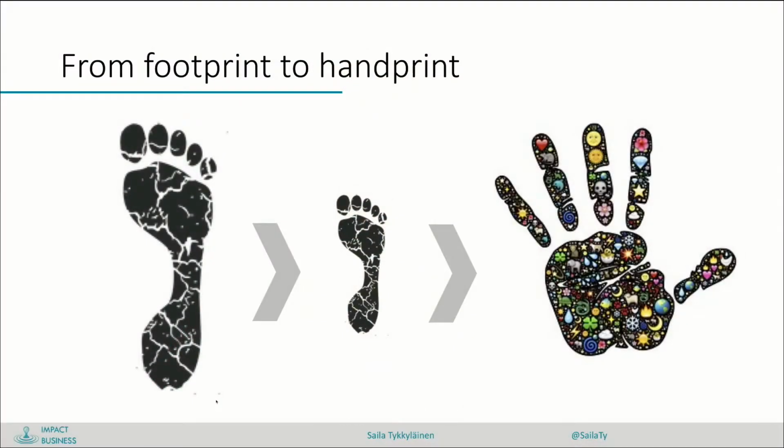While that is, of course, a good thing, the step ahead would be to think about how to create a big handprint. And by handprint, I mean providing solutions or creating businesses which are designed to produce certain social good for people, for communities, or for larger societies. So creating a handprint is all about maximizing social impact, not just reducing harms.